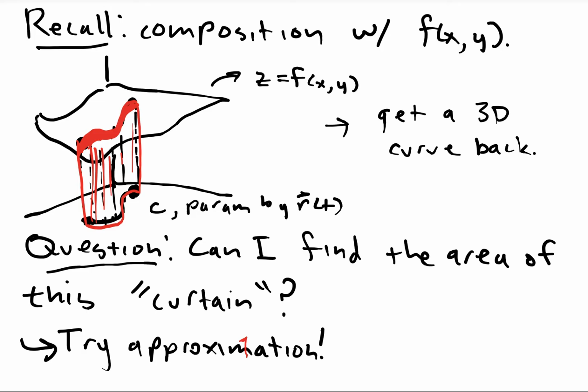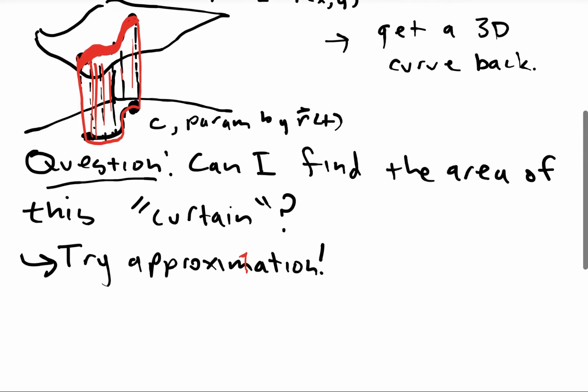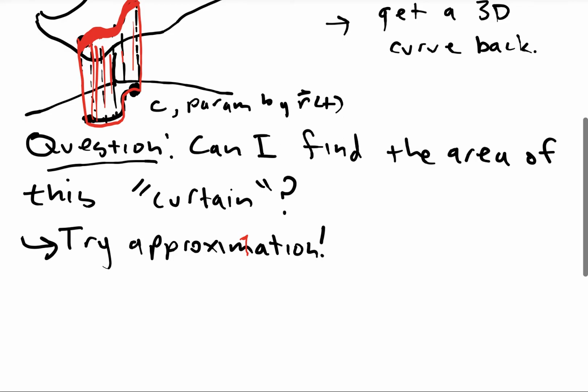So, if I'm worried about how to find the area of that curtain, I'm going to start by suggesting that we try approximation. What do I mean by that? Well, whenever we've tried to tackle problems like this in class, we try to block this up into polygons, right? I'm going to think about that bottom curve that I had as approximable by some sort of collection of straight line segments. And this maybe doesn't look like the exact curve I drew above, but hopefully you get the point.